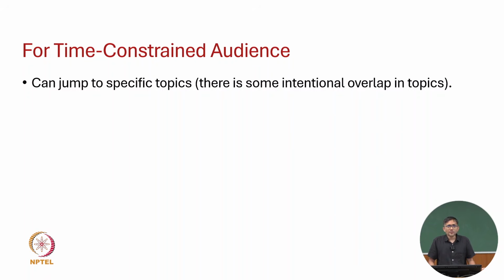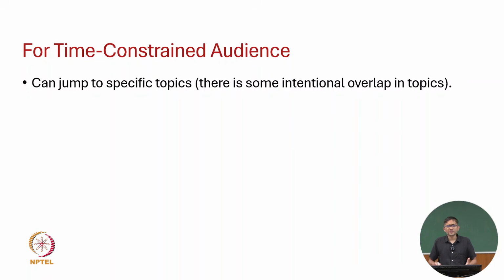However, if you are in the time constrained audience, then you can even jump to specific topics. For most topics, not everywhere, I thought about keeping some intentional overlap. How does it help?